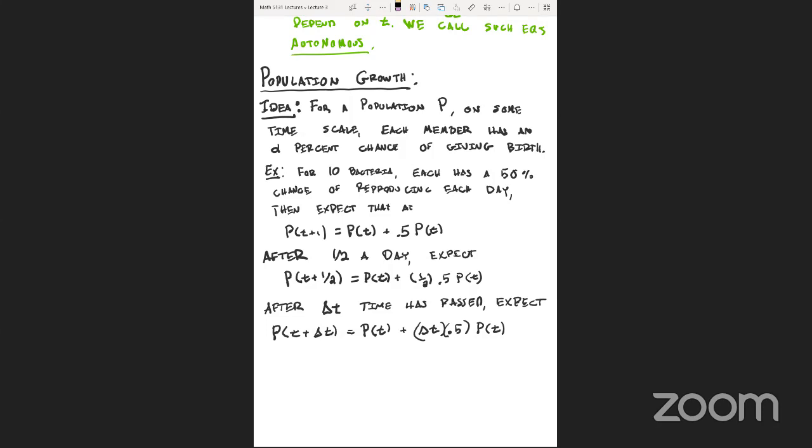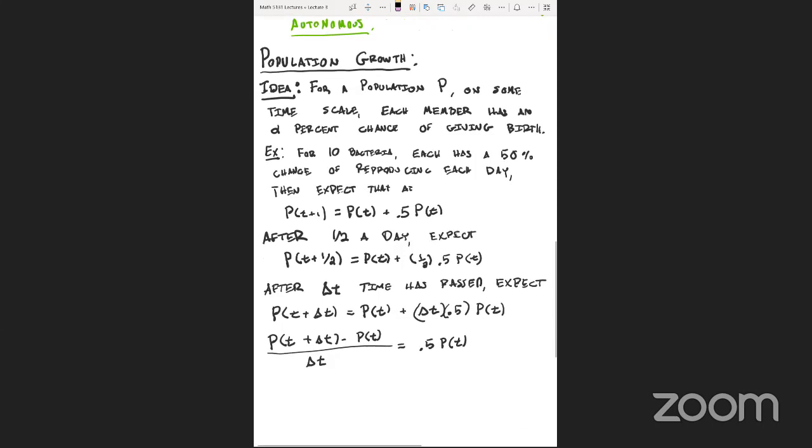Or subtracting and dividing, right? We get that P of t plus delta t minus P of t, divided by delta t, is 0.5 times P of t.